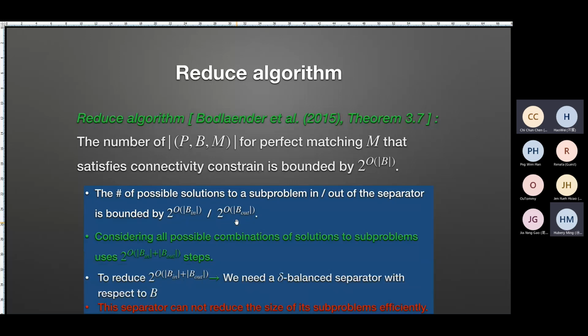Finally, to reduce this number, we would like to find a delta-balanced separator with respect to boundary points. Remember that we could use the separator to partition a point set into two parts efficiently. However, this separator cannot reduce the size of the problem efficiently.